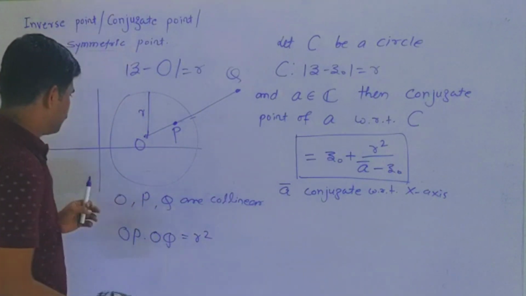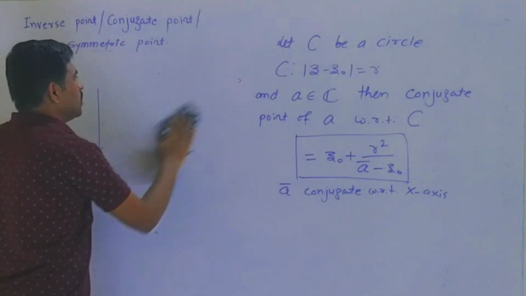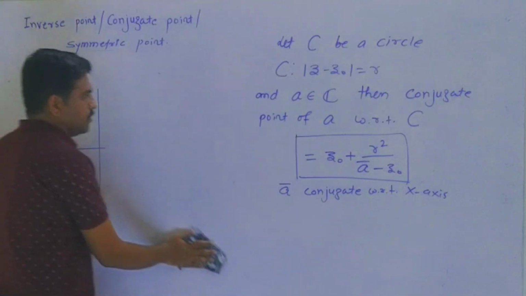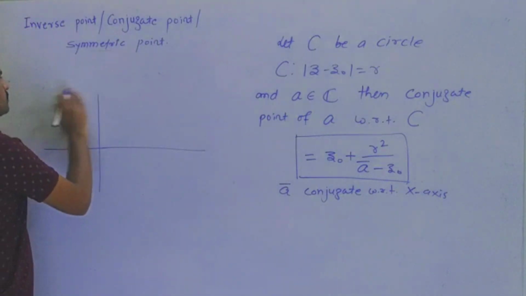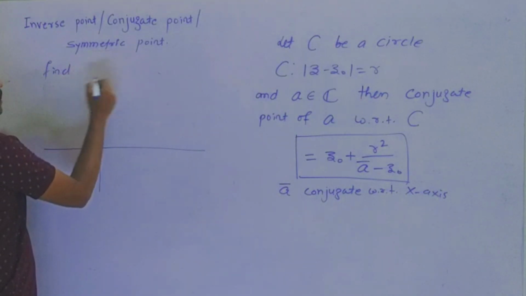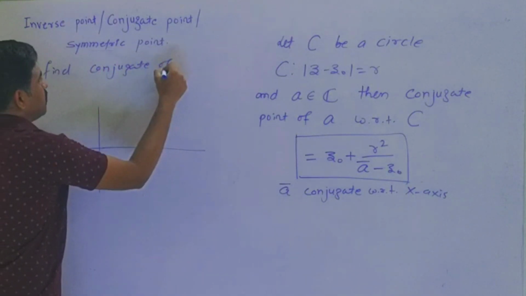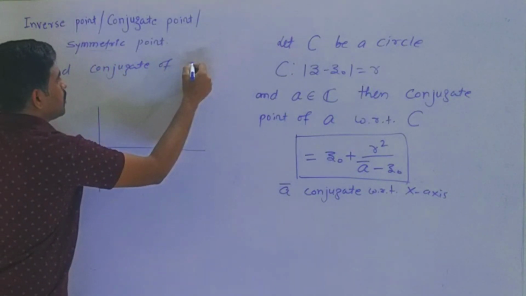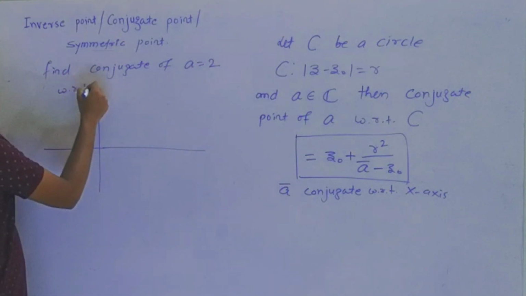So I skip the general circle here and take a particular circle and particular point, so that we will get an idea. Question: find the conjugate of A equals 2 with respect to a circle.